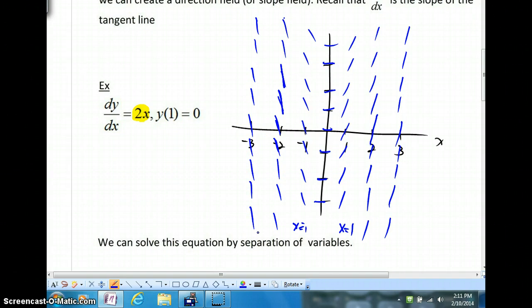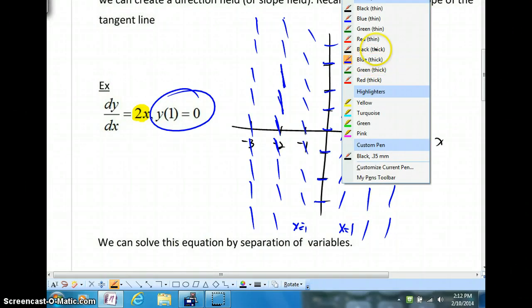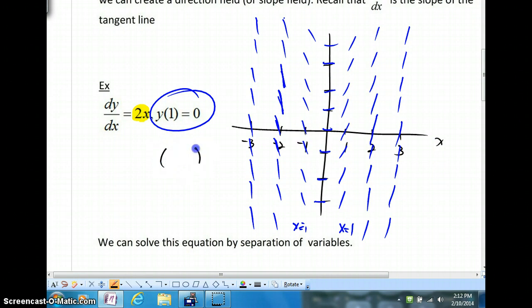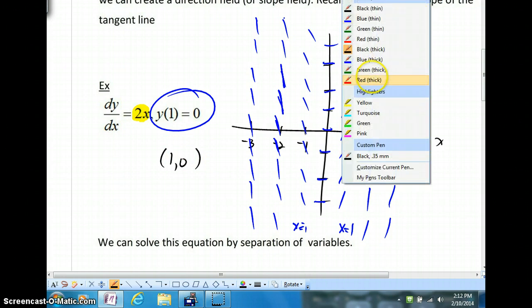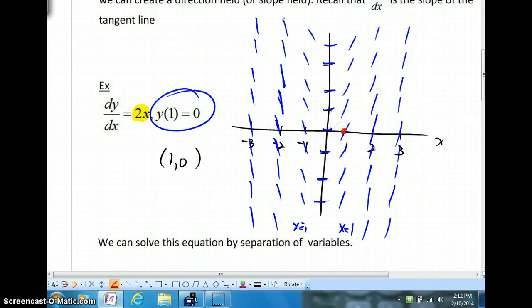But the big question is, what's happening when we've got this? Help me interpret that. y(1) = 0. What does that tell us, guys? What ordered pair on our graph? (1, 0). So what are we getting at? We would expect to see something like this and say, well, maybe, just maybe, we'd expect to see a curve that looks something like that, just following that slope field.